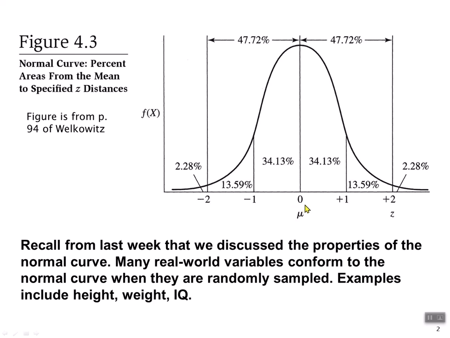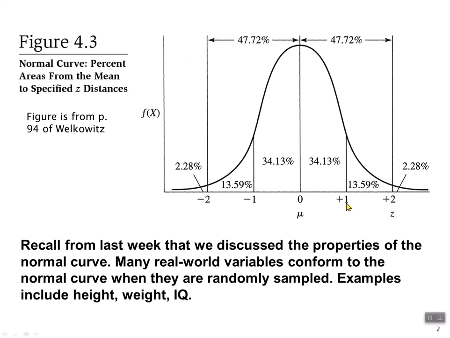You also see the number 0 here, and this is the equivalent of a z-score. 0 and positive 1, positive 2, negative 1, negative 2. The thing to understand here is that when we deal with the normal curve, and I'm assuming that you understand standard deviations and z-scores before coming to this video, the standard deviations of the normal curve are expressed in z-scores.